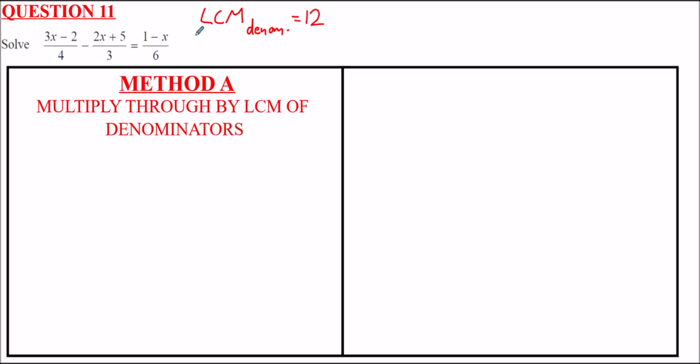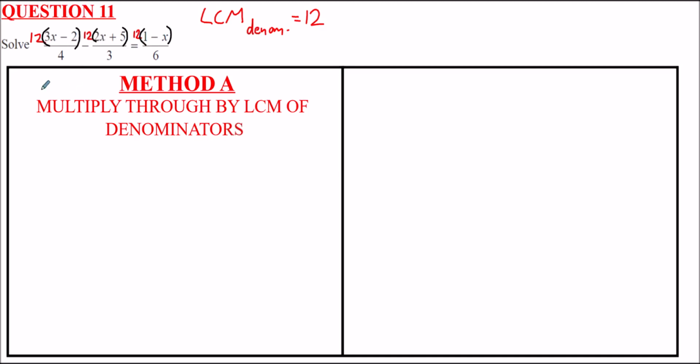So what we can do here, essentially, is just to multiply everything here by 12 on the top. So that becomes 12 lots of that bracket, divided by 4. That becomes minus 12 lots of 2x minus 5. And that's going to become 12 lots of 1 minus x.